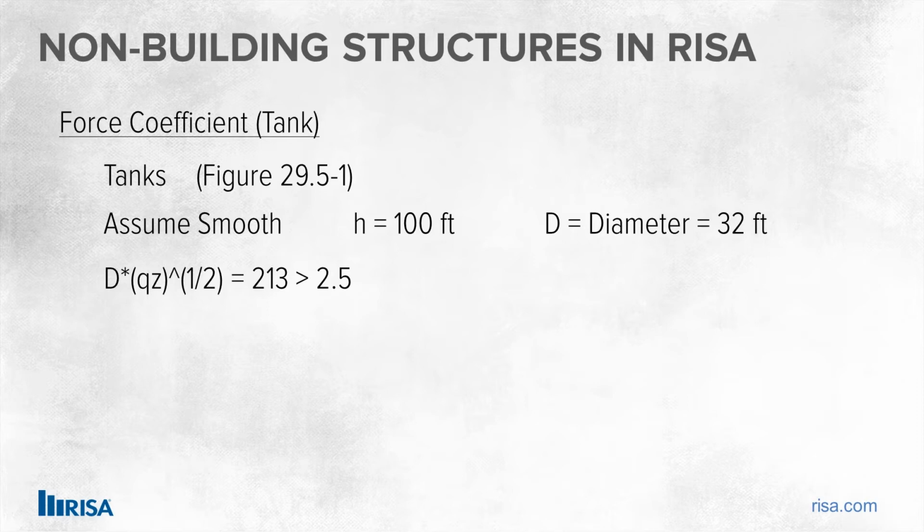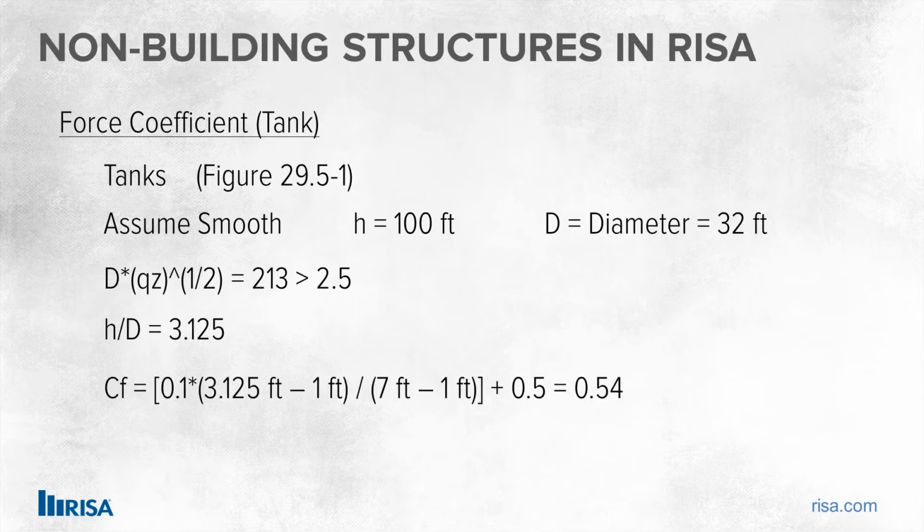What we find is that the diameter times the square root of the wind pressure is 213, way larger than 2.5. So the code tells us that we have to consider the h over d ratio, the overall height divided by the diameter of the tank. That's about 3.125, and that gives us a force coefficient of 0.54.